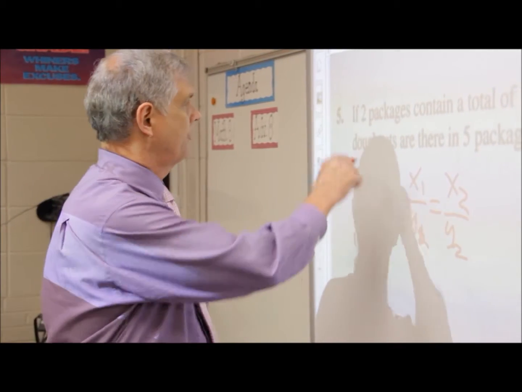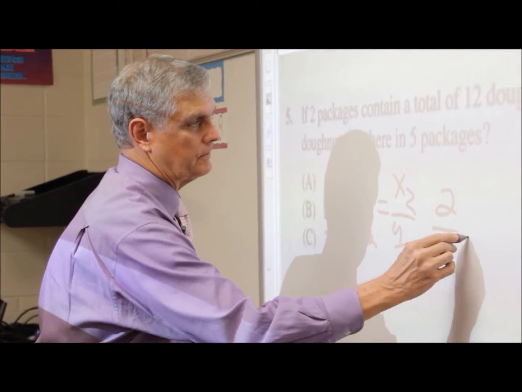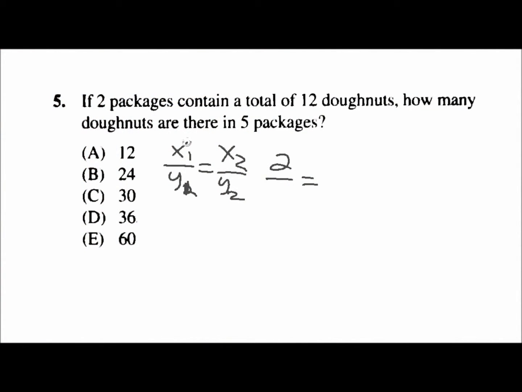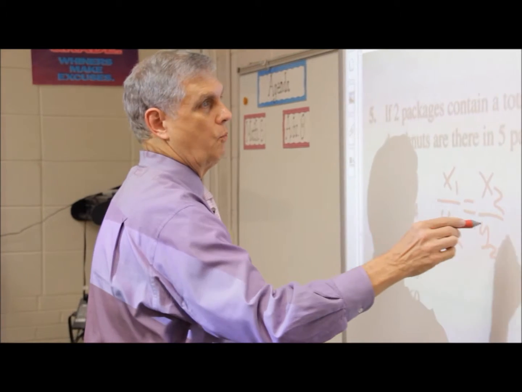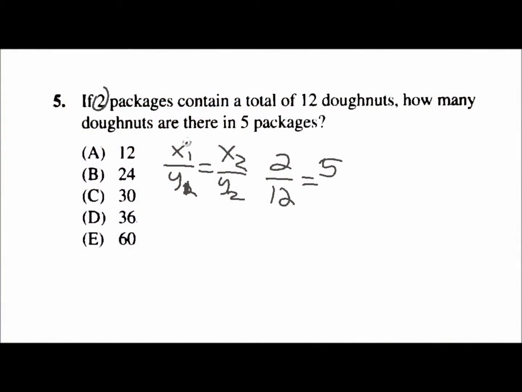So over here on this side, our x1 is going to be 2, put our equal sign, and on the other side, for x2, we've got 5 packages. And we know that the denominator for this side over here, the y1, is going to be 12. It matches up with the 2 here. And the one we're trying to find out is x.